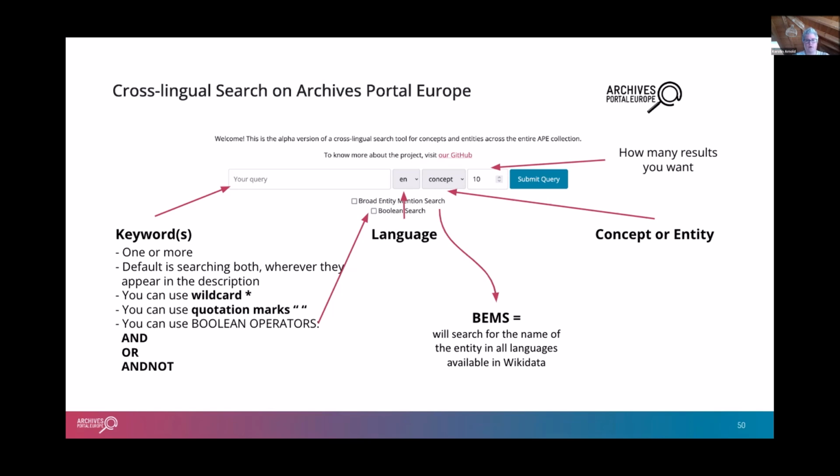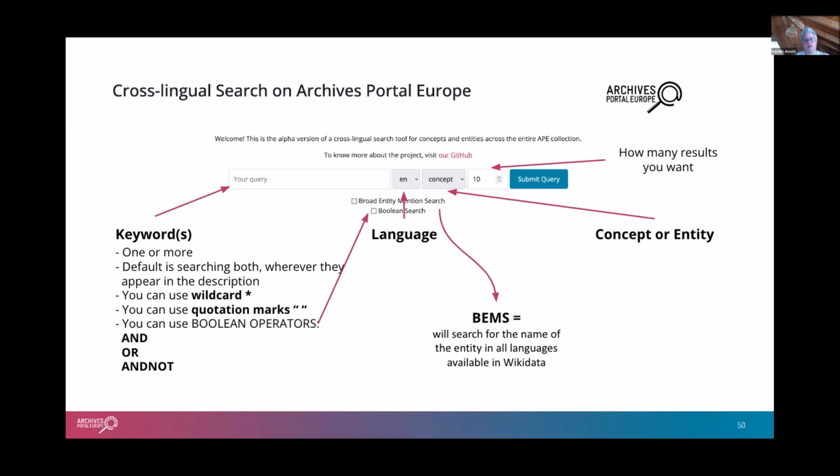The default will be searching by all the terms that you have input. So if you are searching for something that actually makes up a term out of several words, you should use the quotation marks to indicate that. You can also use the wildcard, the asterisk, and you can use Boolean operators and, or, and not. You can specify the language that your keyword is in.